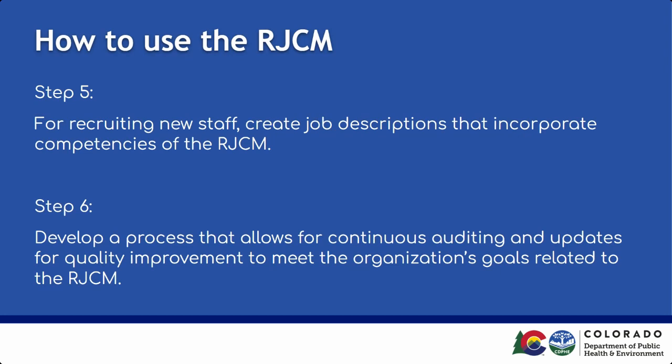Step 5, for recruiting new staff, create job descriptions that incorporate competencies of the RJCM. Step 6, develop a process that allows for continuous auditing and updates for quality improvement to meet the organization's goals related to the RJCM.